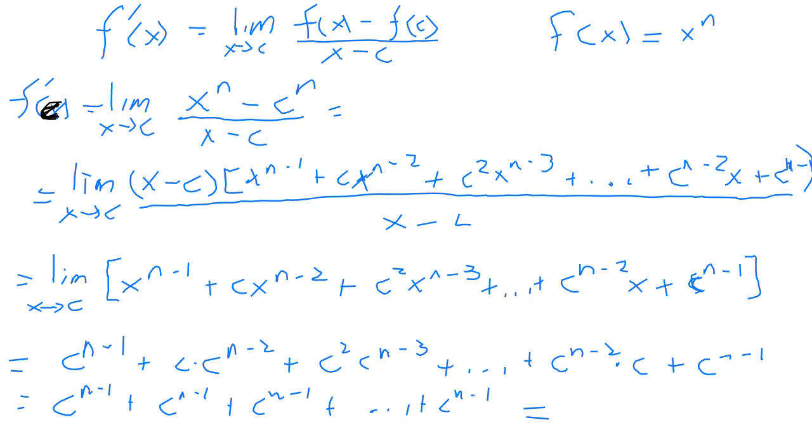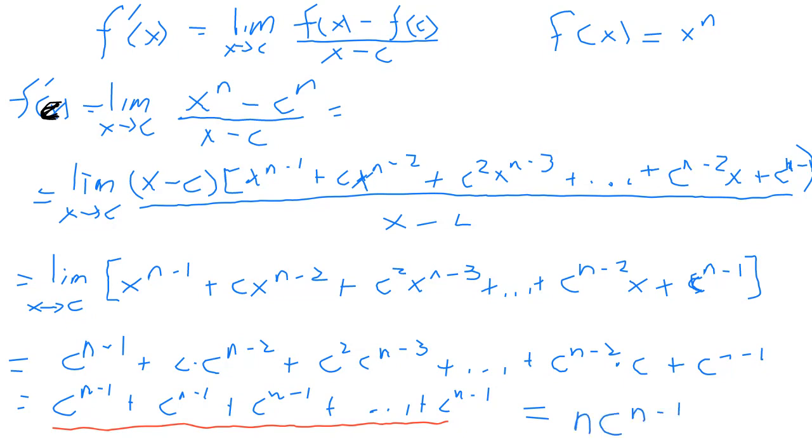That's correct, Michaela. There are n of them. I said it's going to become important later, and this is where it is important. There are n of these. So the answer is n times c to the n minus 1.